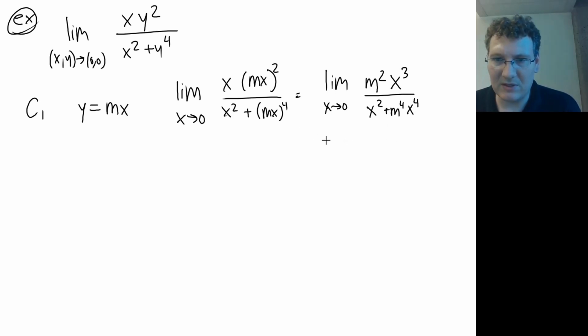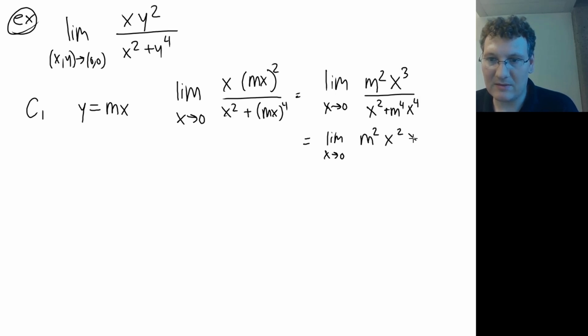We'd have to do a little bit of finagling to see what this limit is going to be, but if we factor out an x squared from the denominator, we would have 1 plus m to the 4th x squared down there.